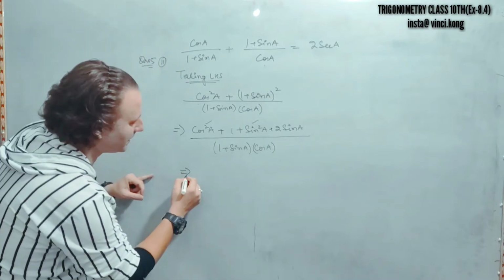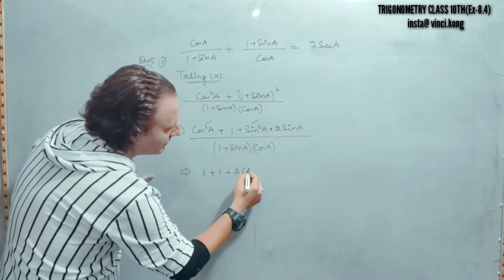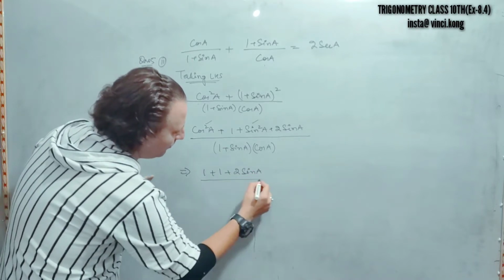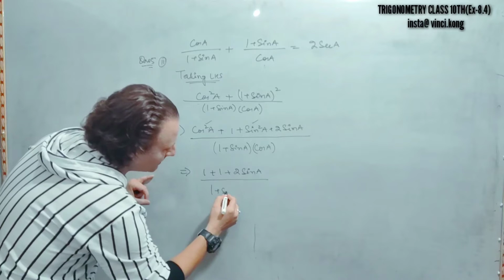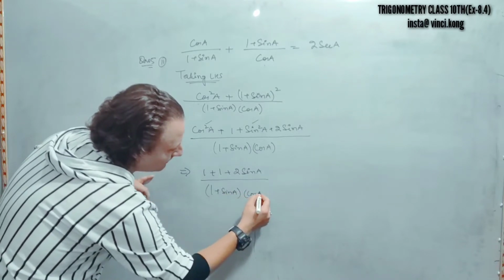So that's what I'm going to write here. 1 plus twice sin A whole divided by 1 plus sin A, and then we have cos A.